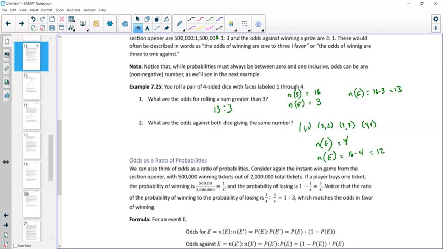Now we want the odds against the event, which means the number of outcomes not in the event, 12, and the number of outcomes in the event, 4. And then just like a fraction, we can reduce this to 3 to 1.